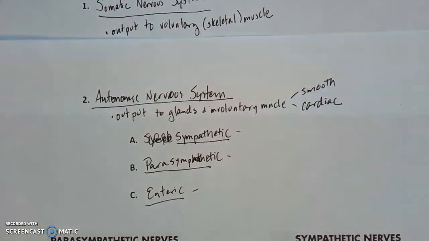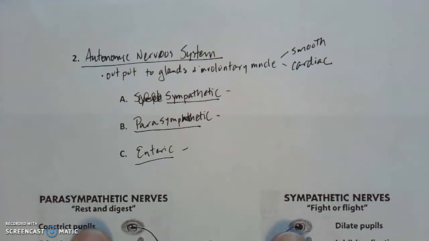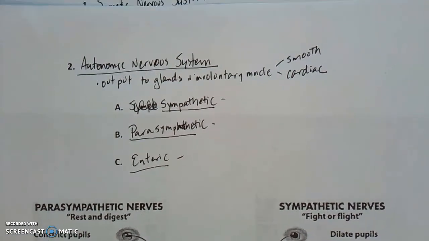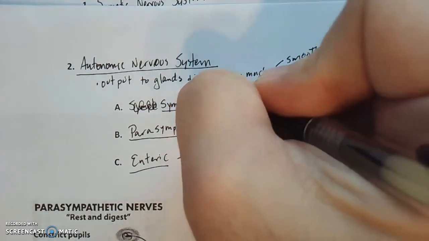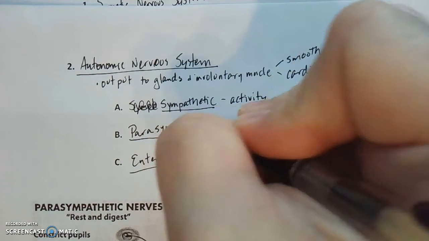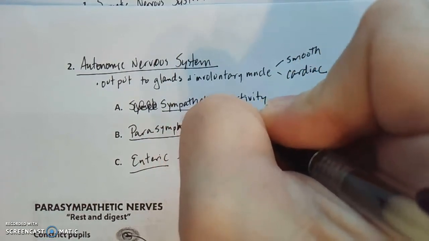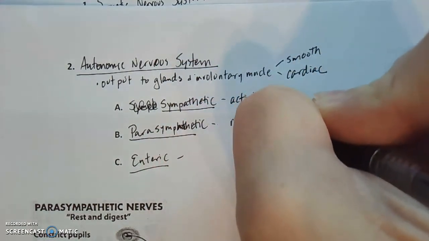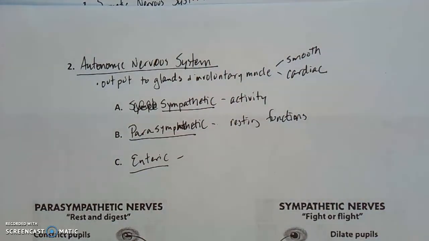Now, if we look down at the diagram, we can see that here are the sympathetic and parasympathetic. And these little phrases, fight or flight, rest and digest, kind of tell us what these nervous systems do. So this is activity, and this is resting functions. So they control different things.